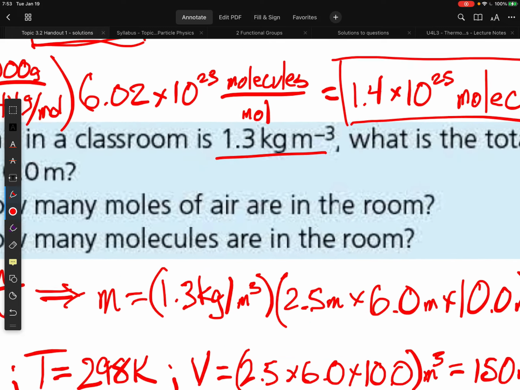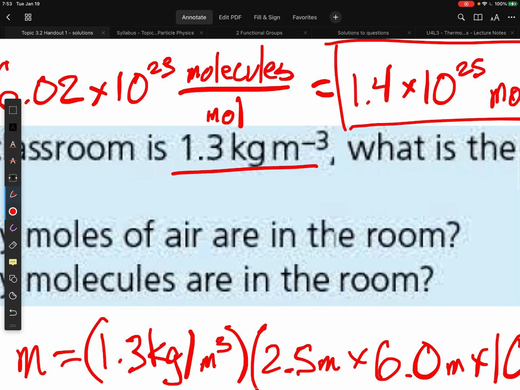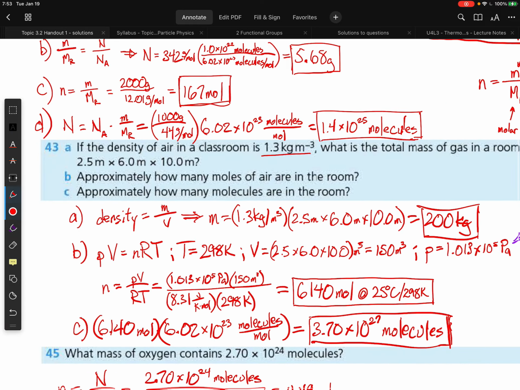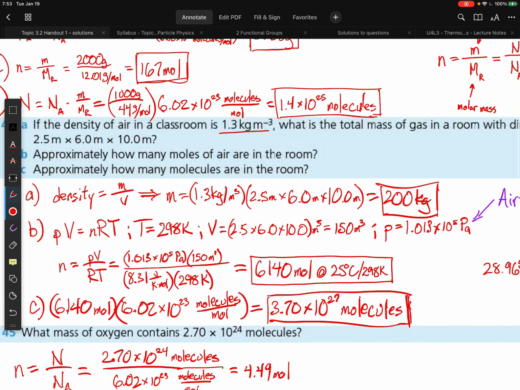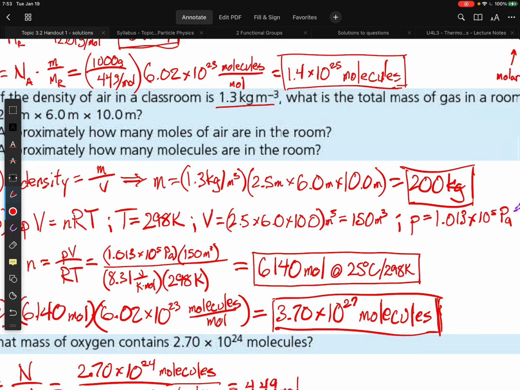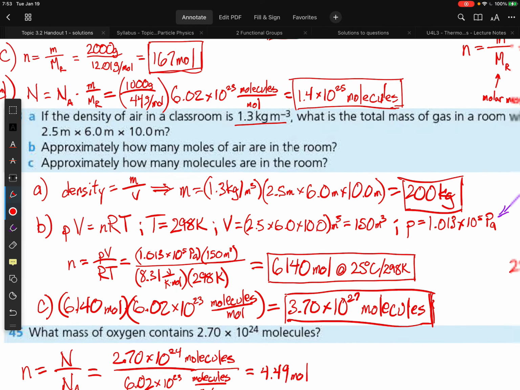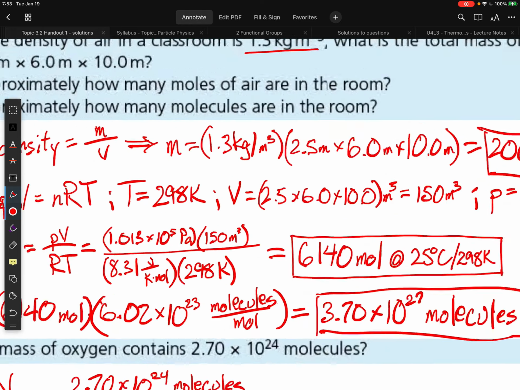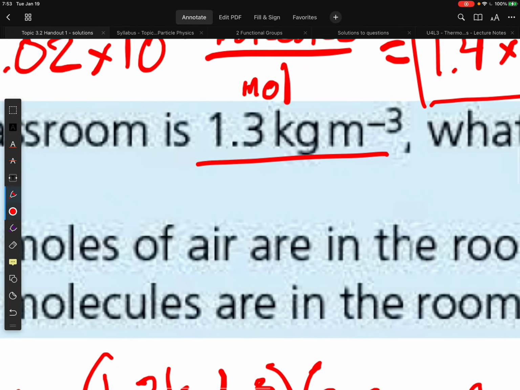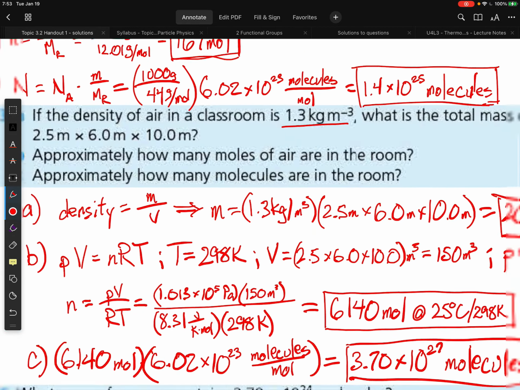This classroom would not be at room temperature with this particular density of air. So the answer given in the textbook is 6,700 moles, but my answer is slightly different, because I'm using the correct temperature for air that is this dense.